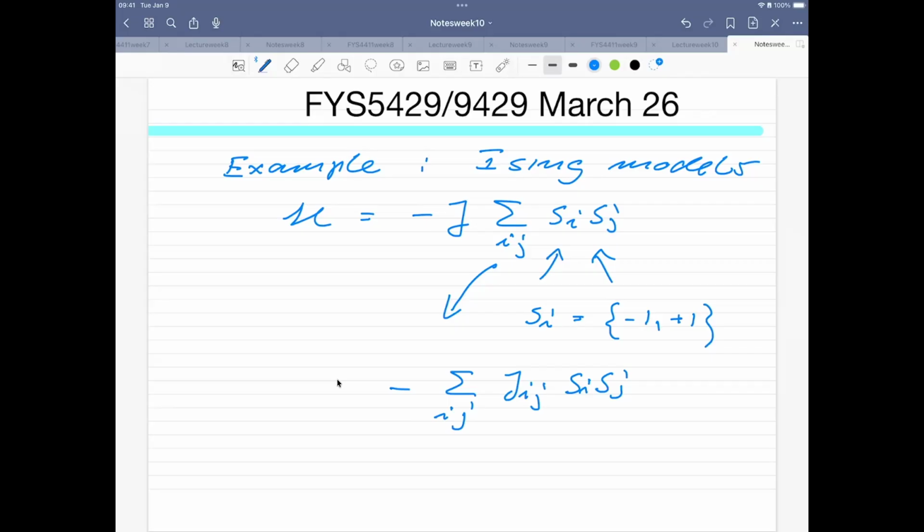Now, this is also similar to another case. If you look at the gravitational potential between two particles, this is an interaction which depends on the relative distance, Rij.